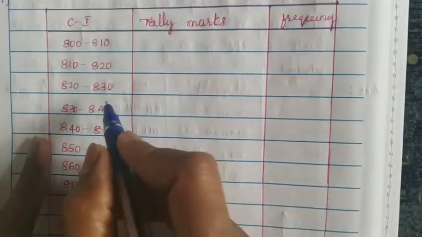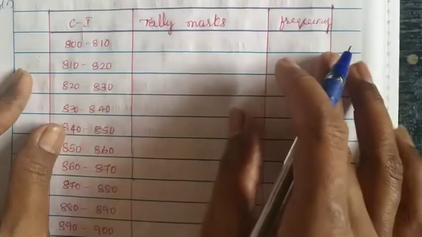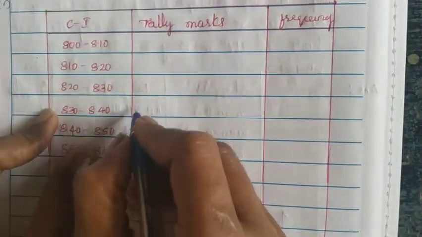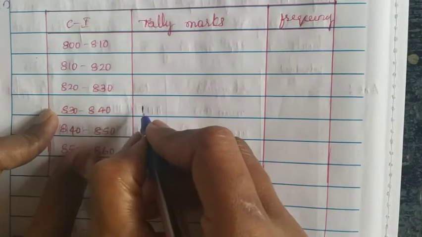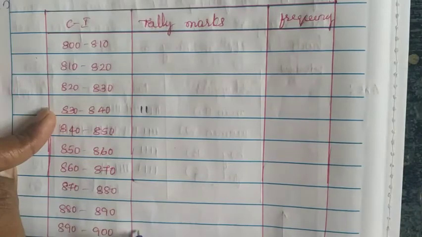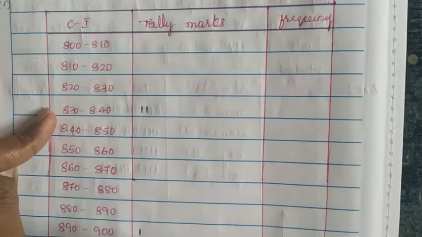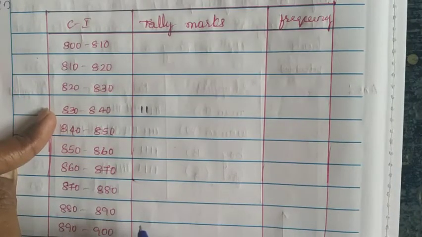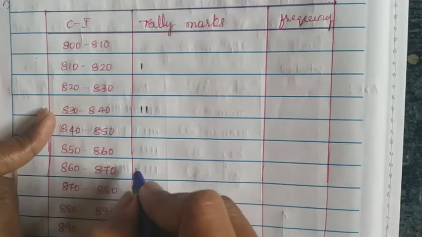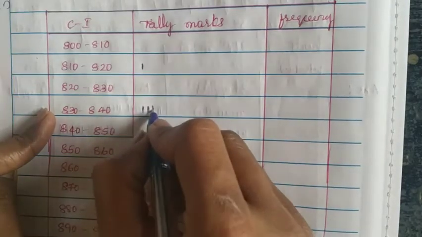Okay children, the first one is 830. Yes, 830 belongs to this group. Next 835 here. Next is 890, here, the last. Next 810 belongs here. Next 835 is here.